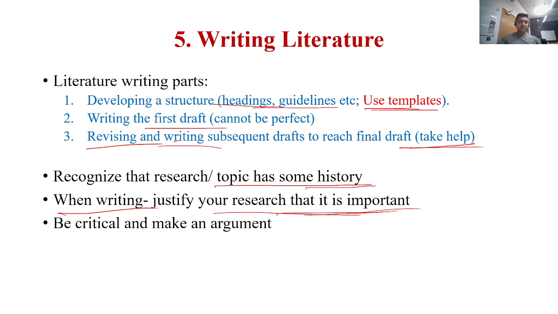For example, some people, even when they write about employee satisfaction, which has been researched a lot, make it look like it's still very important. So make sure when you're writing it, you justify your research question and the research area very well, and then be critical, and at the same time make a good argument.